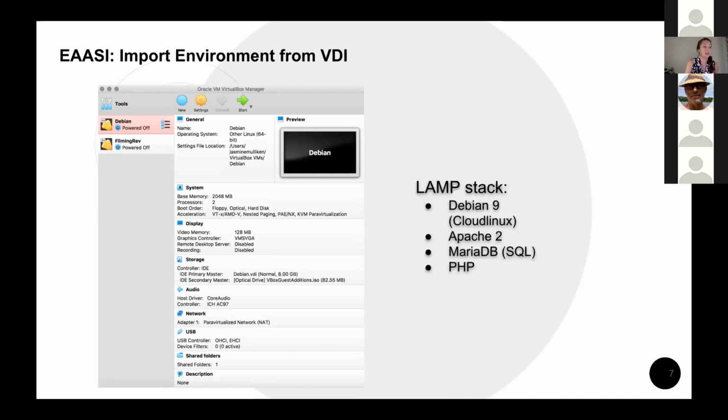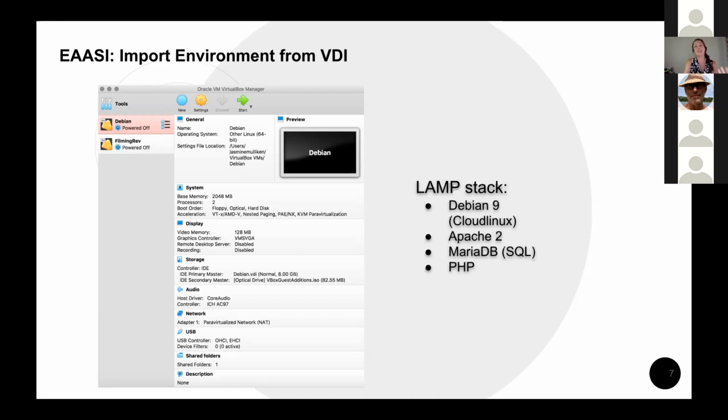even in EaaSI. So for this project, I first created the environment in VirtualBox. There were a few reasons for that. Really, I created this environment before I even started thinking about emulation.